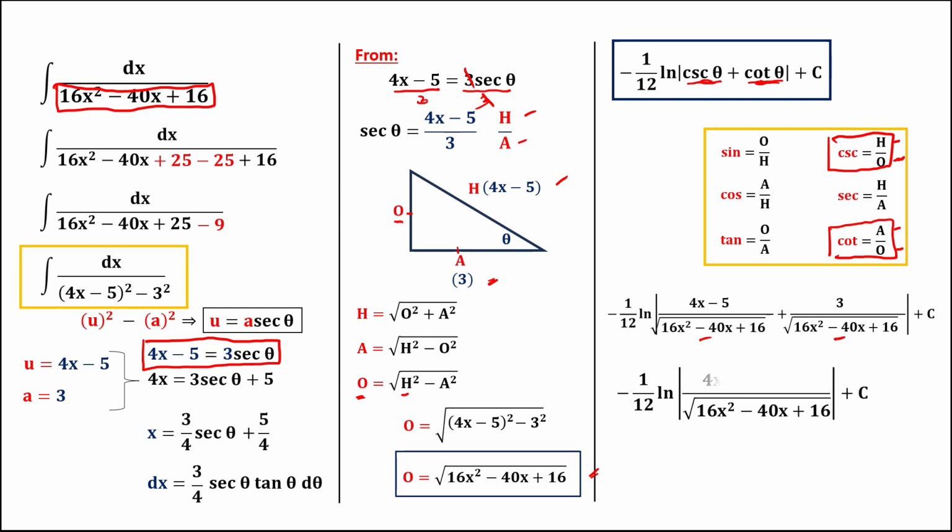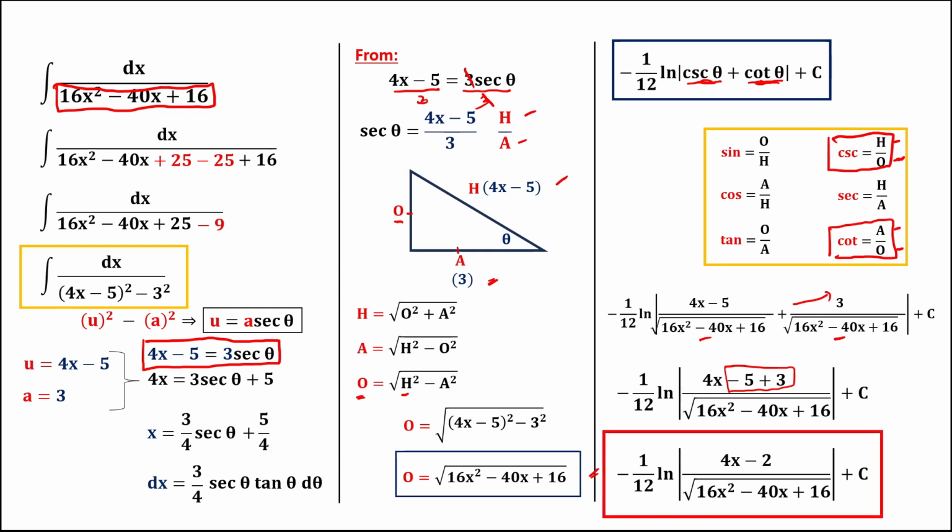So this becomes 4x minus 5 plus 3, and this negative 5 and positive 3 is equal to 4x minus 2. So this is now the integral using the trigonometric substitution.